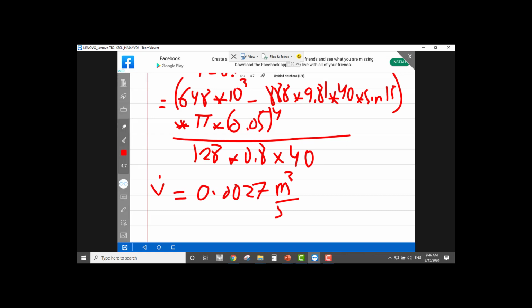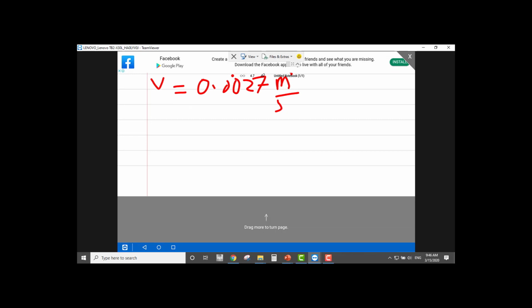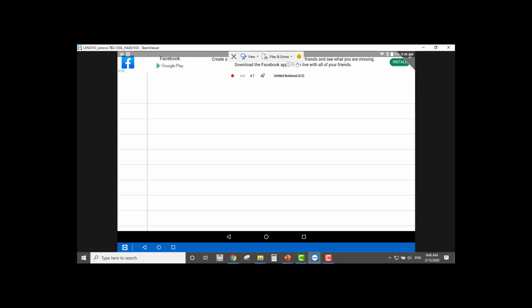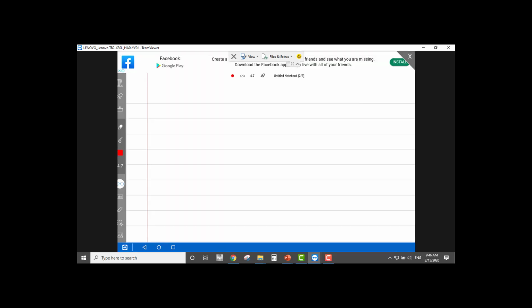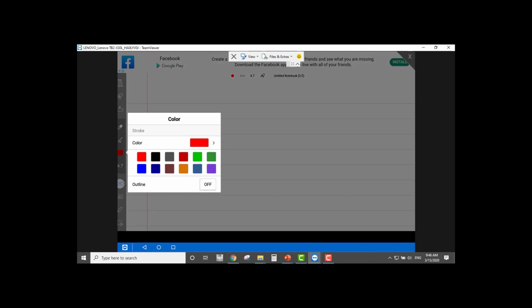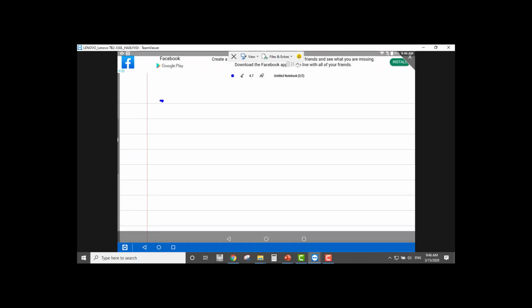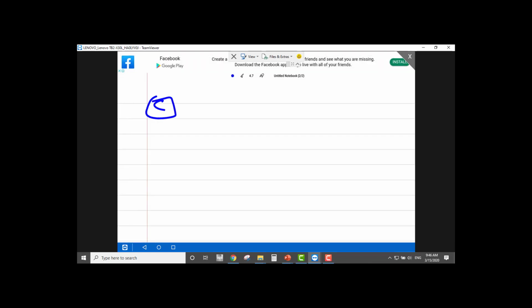Now let's go to another page, so I'll also change the color. Now part C we'll do the same, but here we'll substitute theta equal to minus 15. Why minus 15 degrees? Because in the question it says that this is downhill.